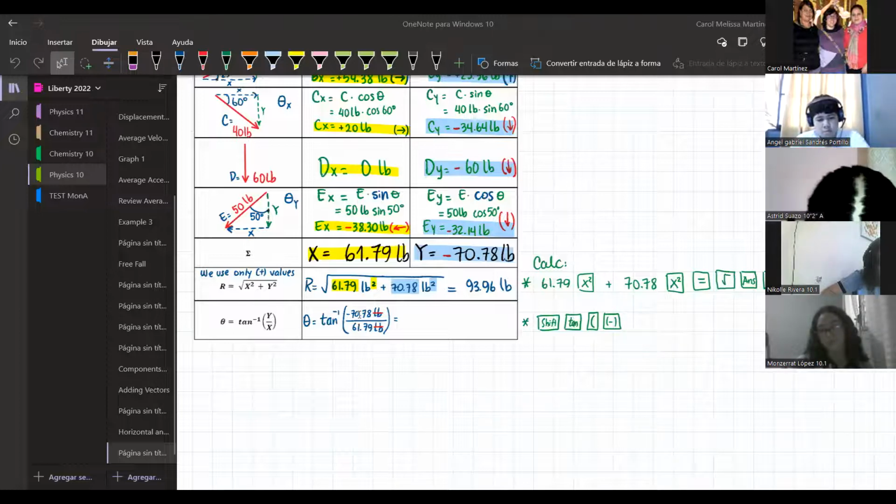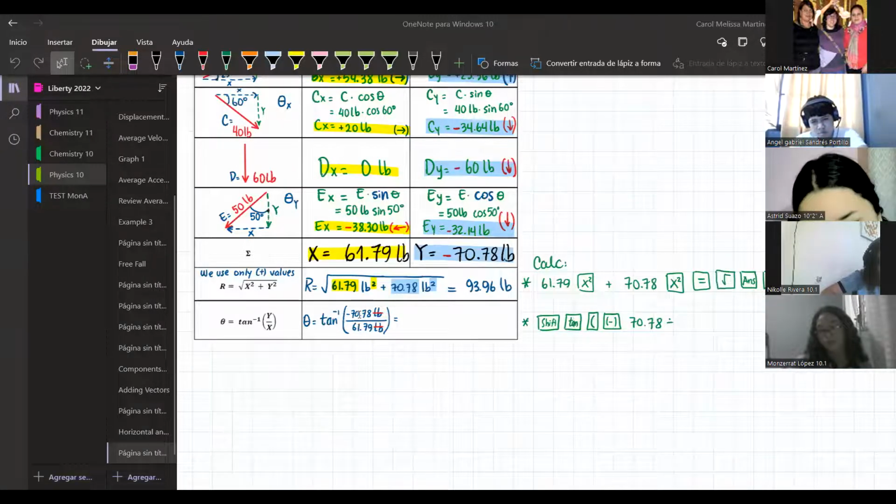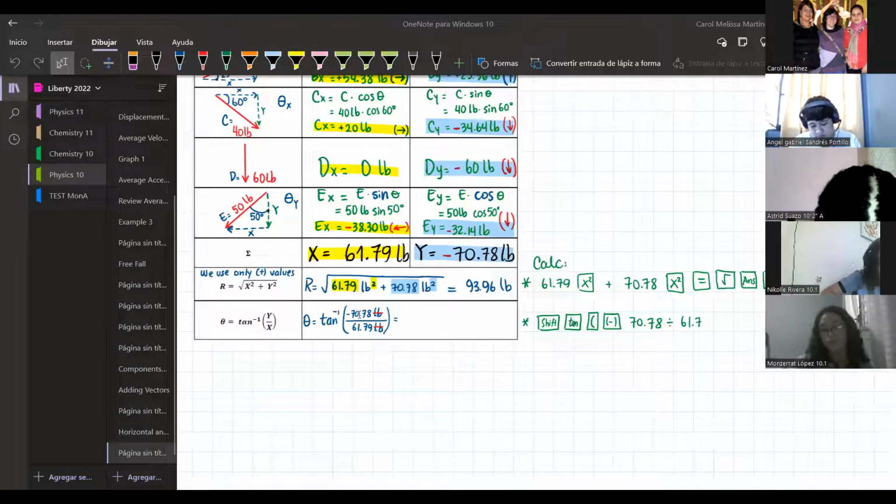And then 70.78 divided by 61.79. You will close parentheses and then press equal.